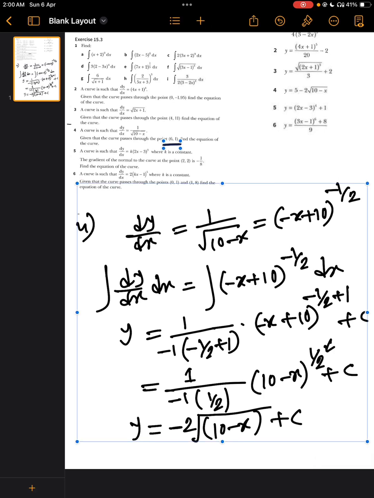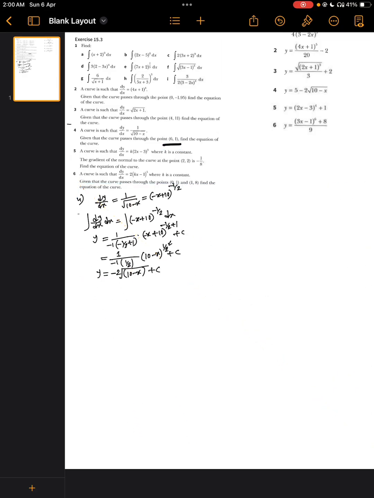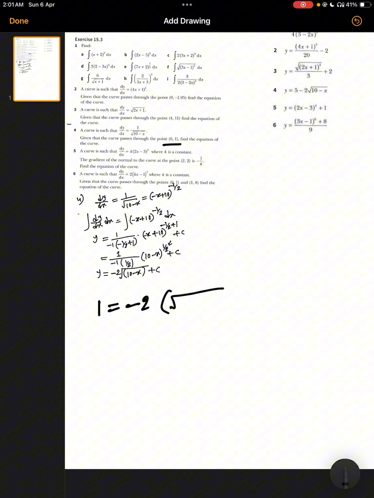Now I have to find out the value of c. The curve passes through the point 6 comma 1. Okay, so y value is 1, x value is 6, minus 2 square root of 10 minus 6, plus c.